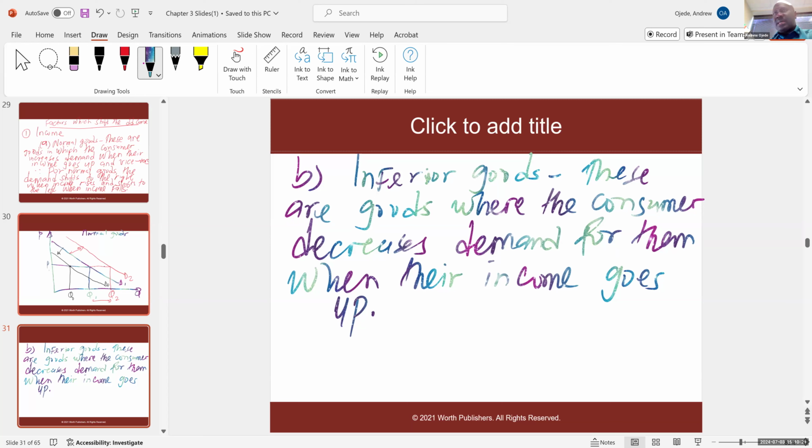Let's say somebody was eating fast food when their income was low. When they were students, they only ate a lot of cheap fast food. And when they win a lottery, their income goes up, they're going to go to a decent restaurant, maybe a steakhouse. So in that case, you regard fast food as an inferior good.